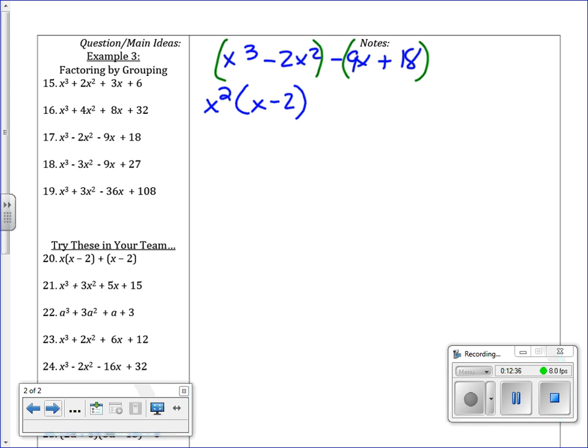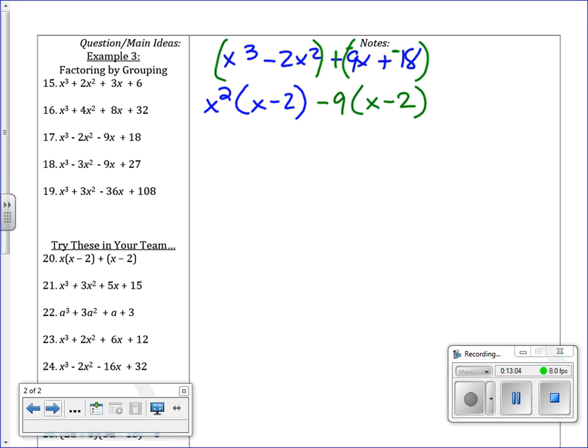So I'm going to change this to a plus. And if I change this sign to a plus, then it's going to be a negative 9x plus a negative 18. Now I'm going to factor out a negative 9, and that negative 9 would be x minus 2. Now it works for us, okay?